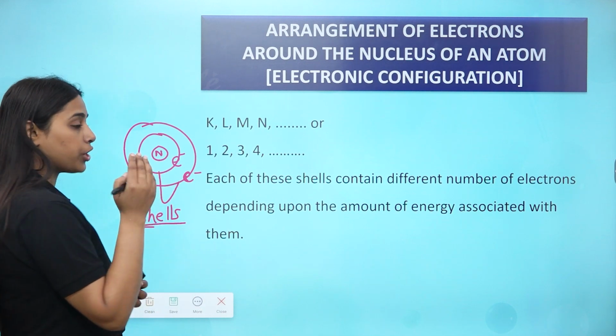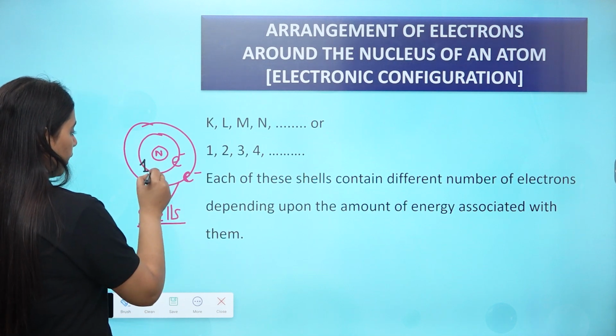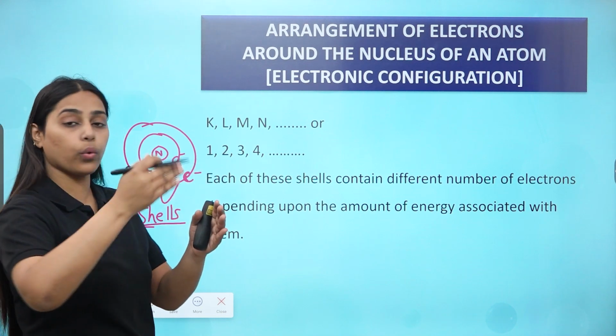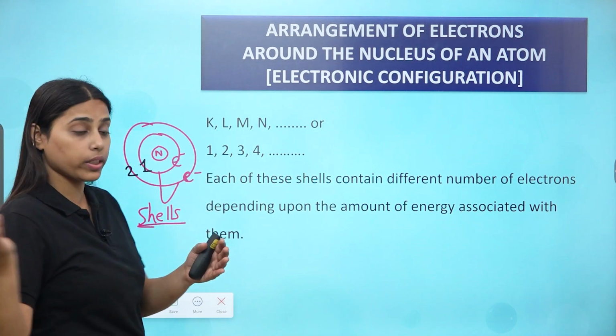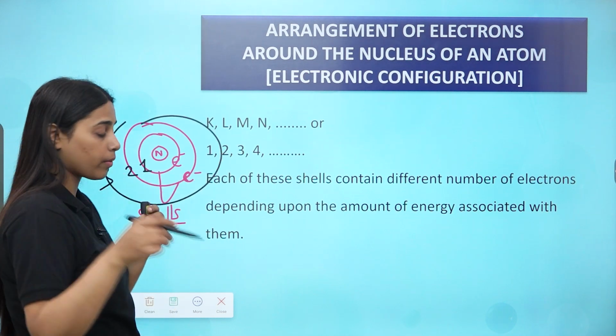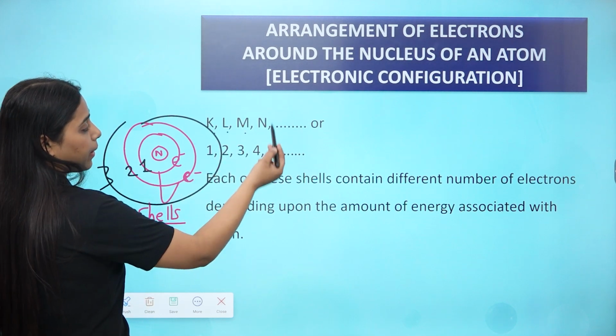The shell which is closest to the nucleus is termed the first shell. Then in successive manner, as it goes farther away from the nucleus, the naming changes: 1, 2, 3, 4, 5 and so on. In terms of alphabet, it is represented as K, L, M, N shells.